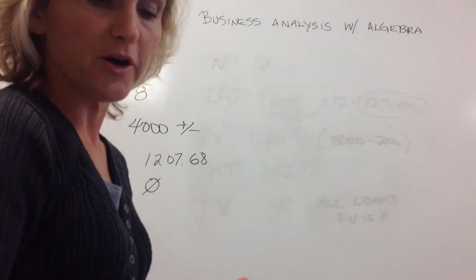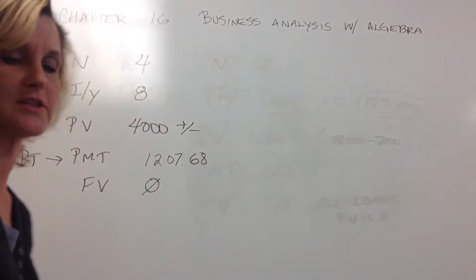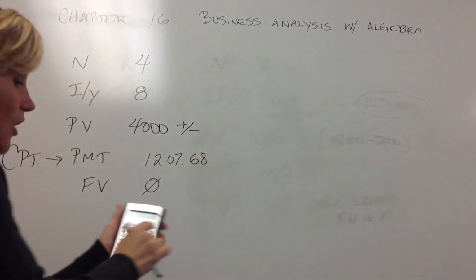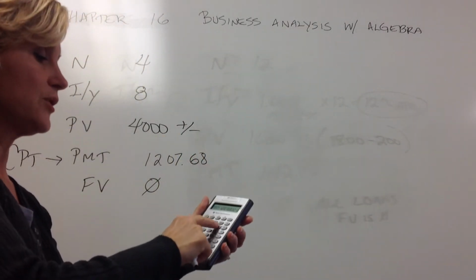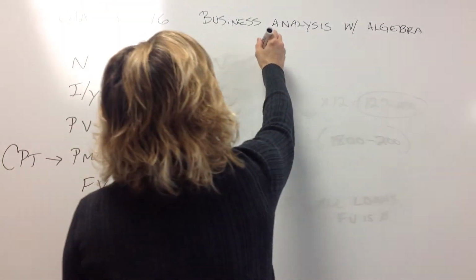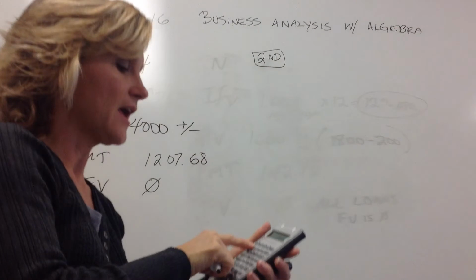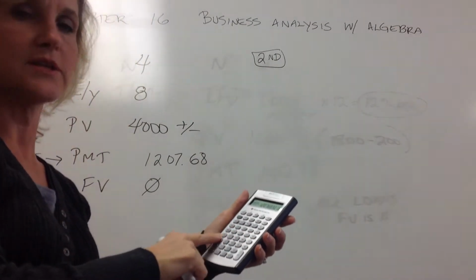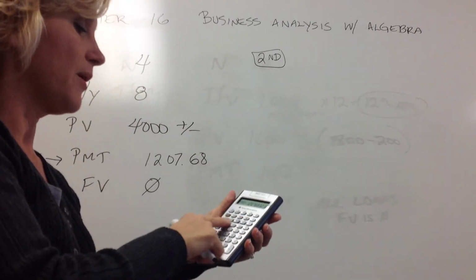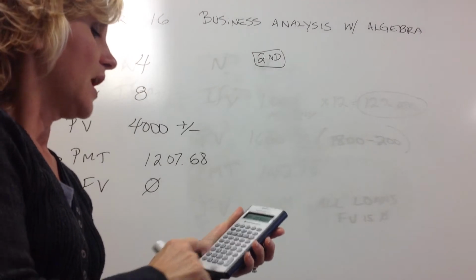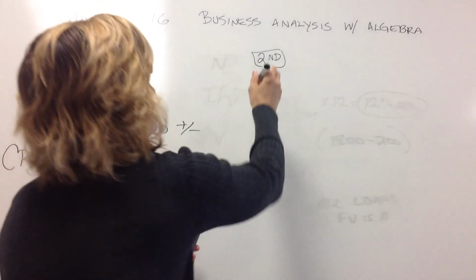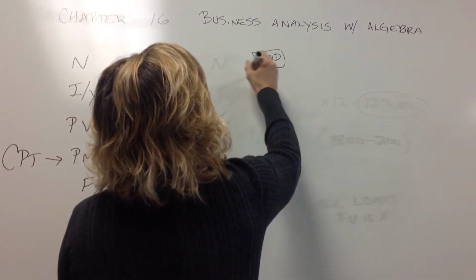So then the next part of it says prepare an amortization schedule for that. So don't clear out your work. Once you've computed the payment, then immediately come over and push your second menu button. And again, that takes you into the gold or the silver lettering above the keys on your calculator. And then we're looking for the amortization function, which is our PV.